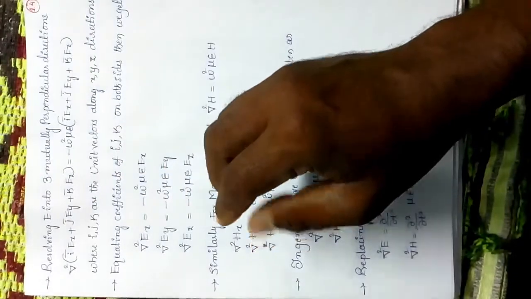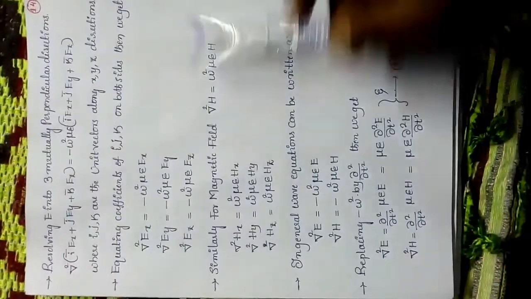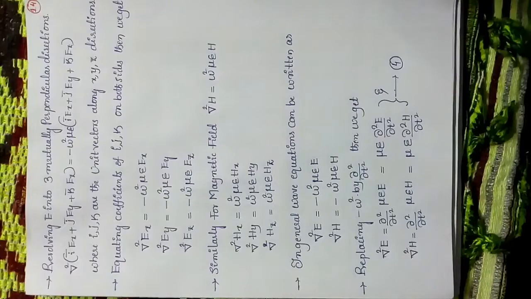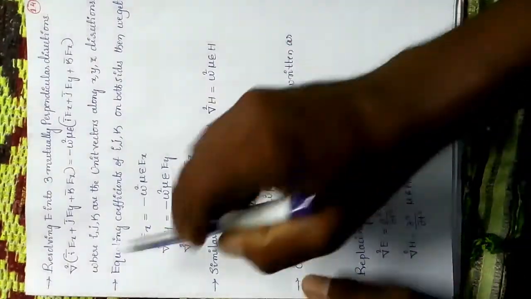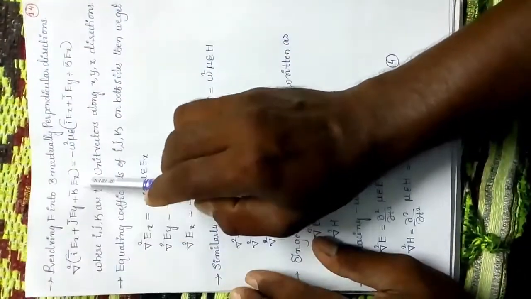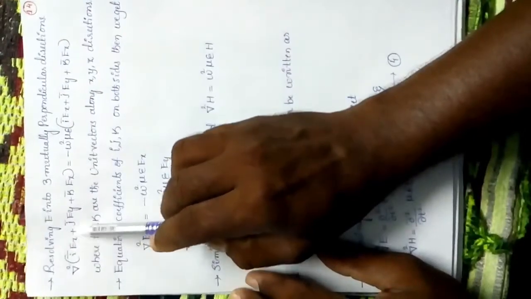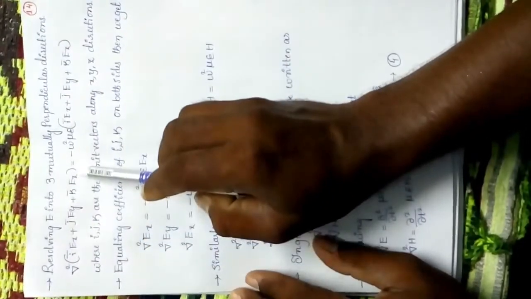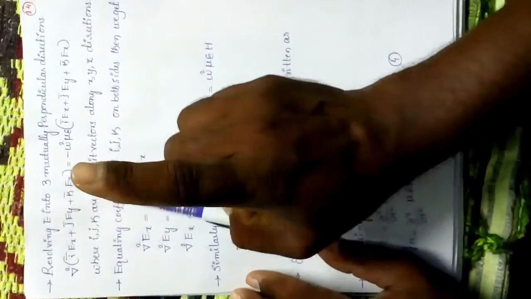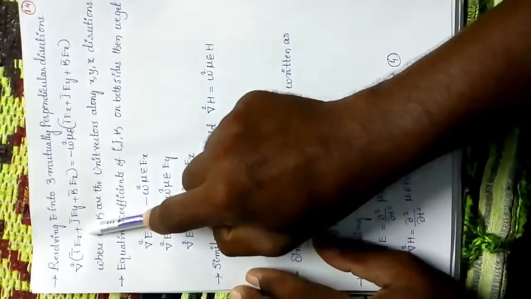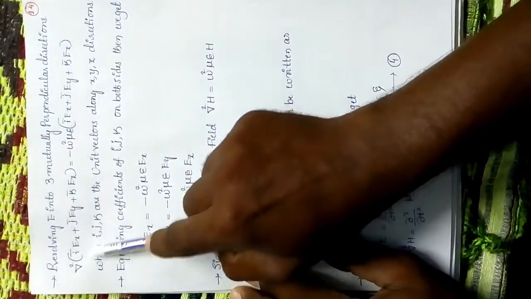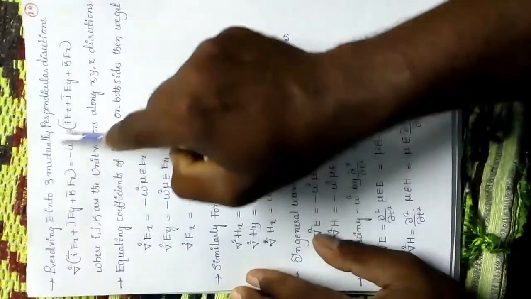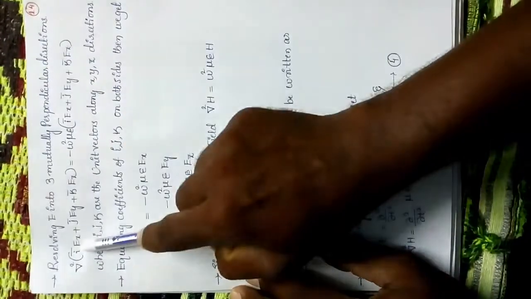For my convenience, I am taking I, J, K. If possible, you can take A, B, C also. So for E, that means I Ex plus J Ey plus K Ez. This is a single term E, but for convenience in doing this solution, I am taking E in the form of 3 mutually perpendicular directions. So that's why I am taking it like this.